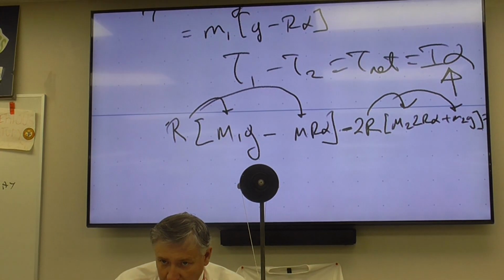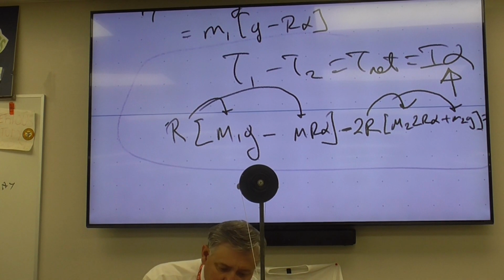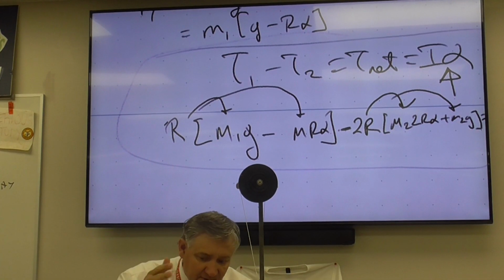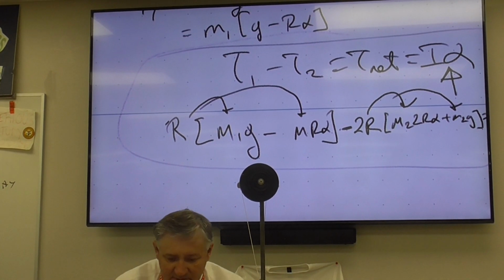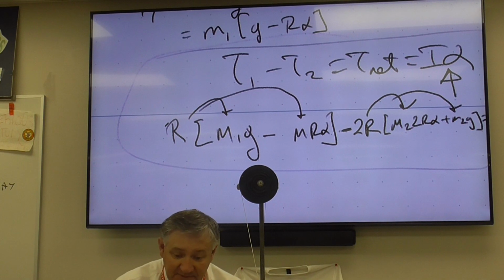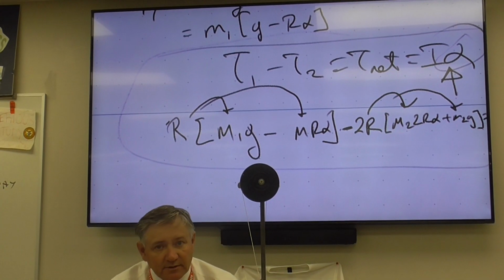But this is the heart and soul of what you got to be able to do. Then you just have to look at what your options are in terms of alpha, because at the end of the day, you gotta get alpha by itself.